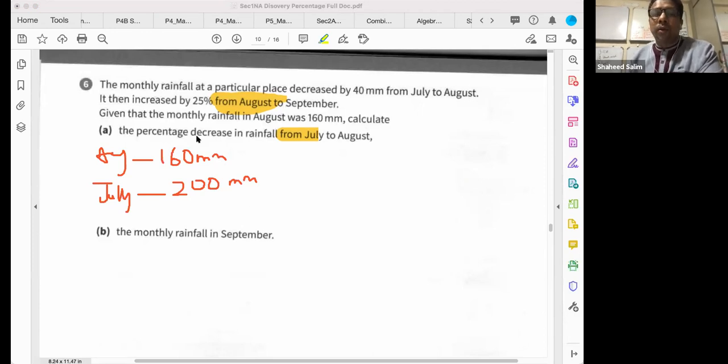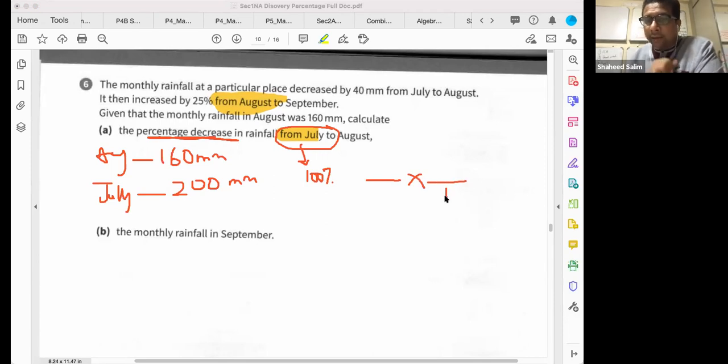So now they ask you to calculate the decrease in percentage. Very easy. What is 100%? Look at the question. From July, this is 100%. Must know. So now how? Okay, put the 4 things down here. The thing you know for sure is this one. What you want to find? Decrease.